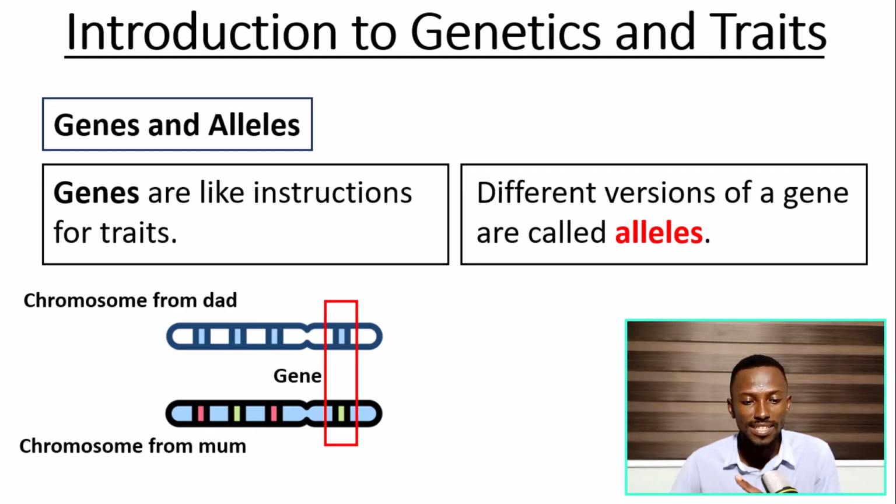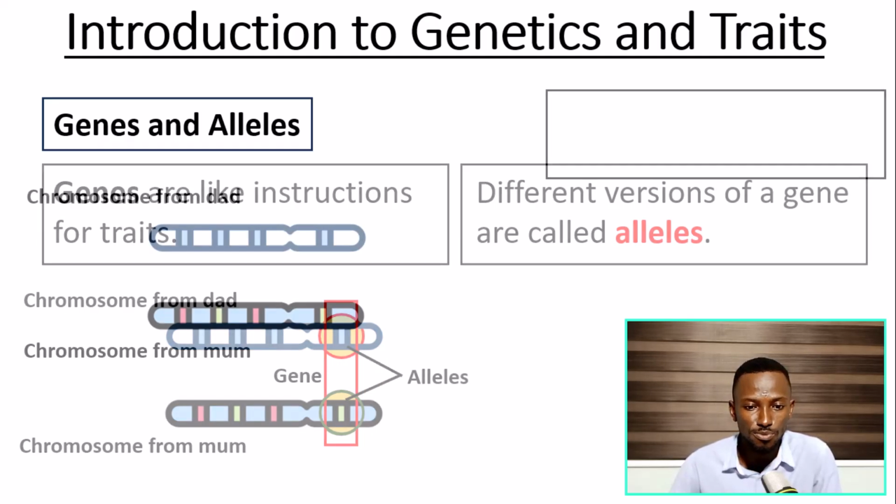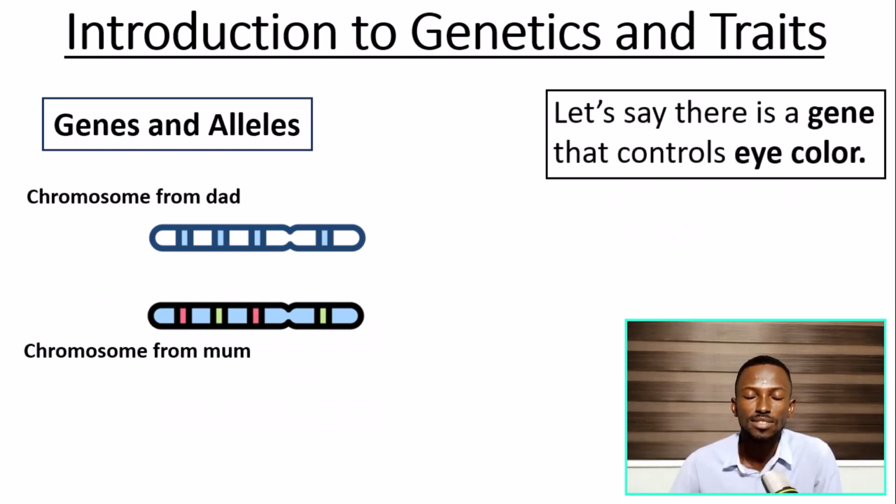Now, the dad's own and the mom's own, each of them is known as an allele. So mom's allele plus dad's allele is what we are referring to as the gene that controls a particular trait. For example, let's assume that we are talking about a gene that controls the eye color of a child.